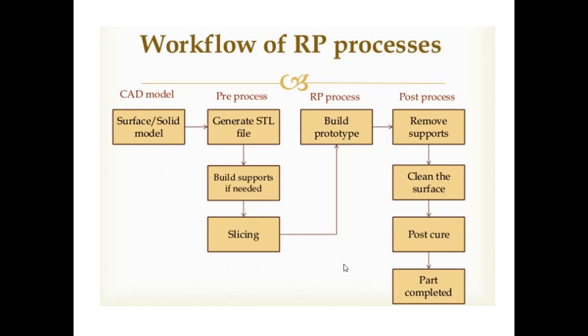And then finally the post processing. In the post processing, you have to remove the extra material and the supports that were given earlier. Cleaning of the surface and post curing will be there. All these things are required for the final finishing of the component. So this is the workflow we have in the process of rapid prototyping.